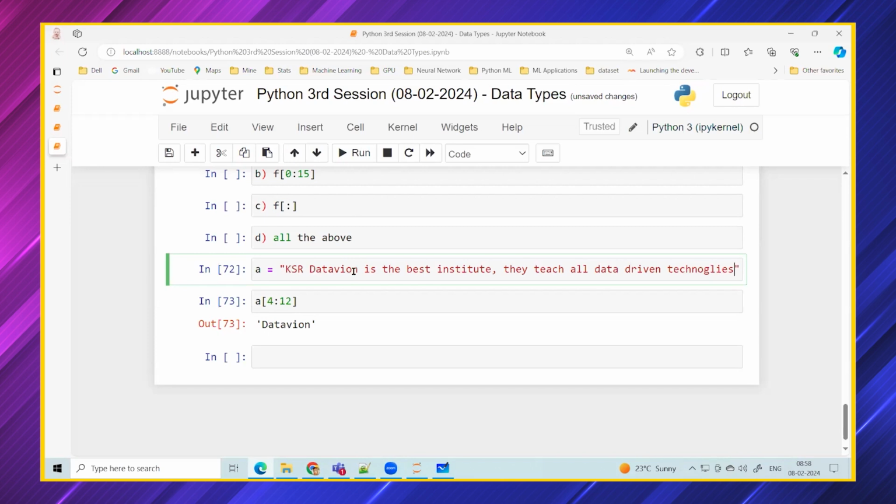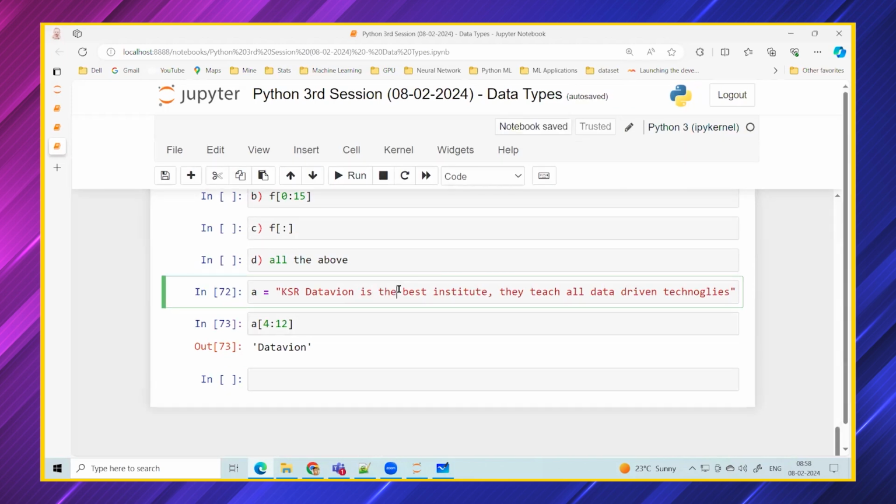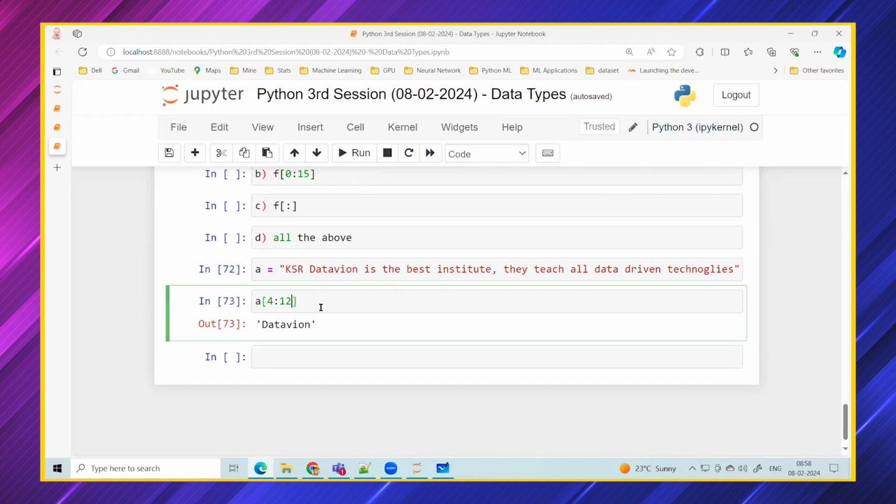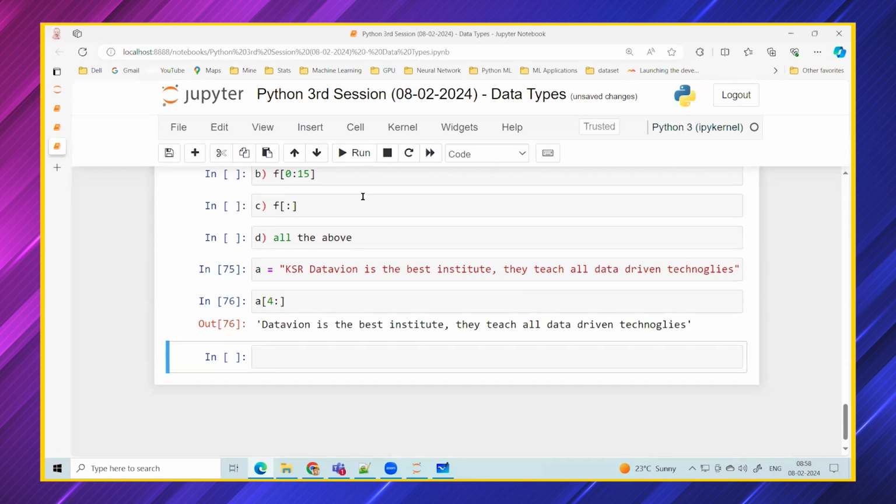Here it's 12, 13, 14, 15, 16, 17, 18, 19, 20. Who will count? I'll simply not write anything for the end. If I don't write anything, I will get till the end, because if I don't give anything, it is considered to be the end. So start position is data vision and end position is everything.